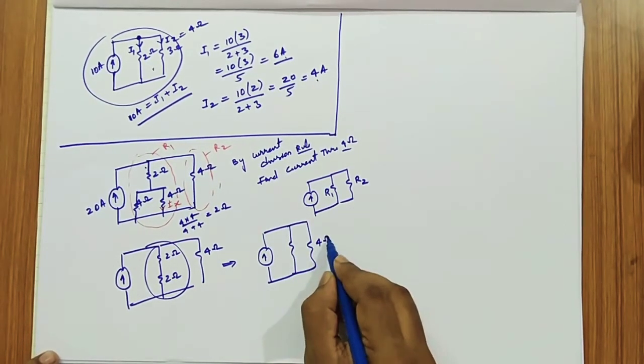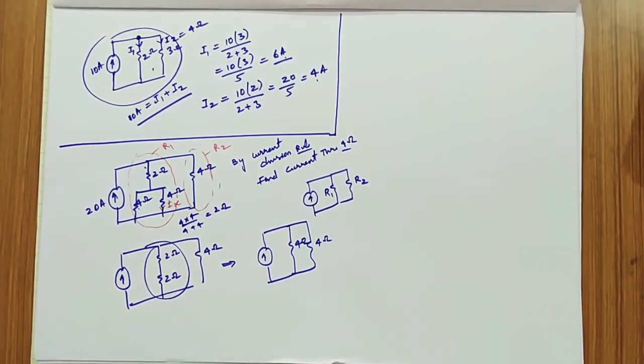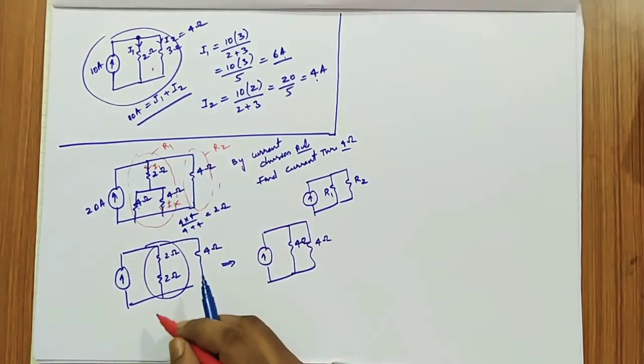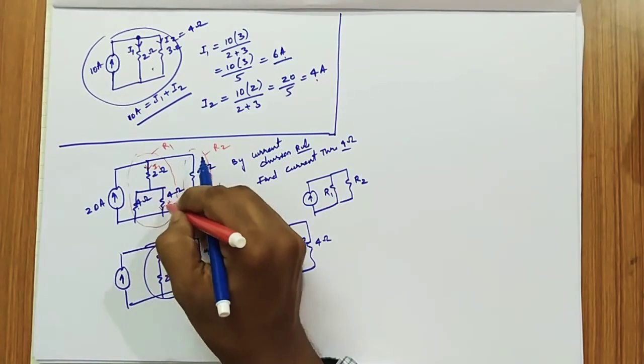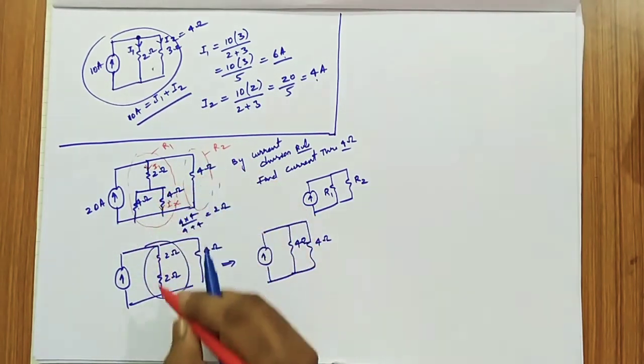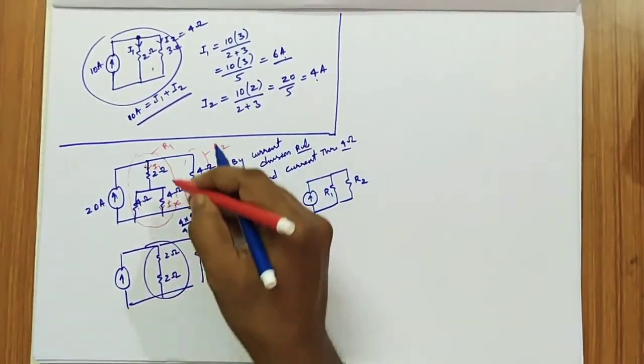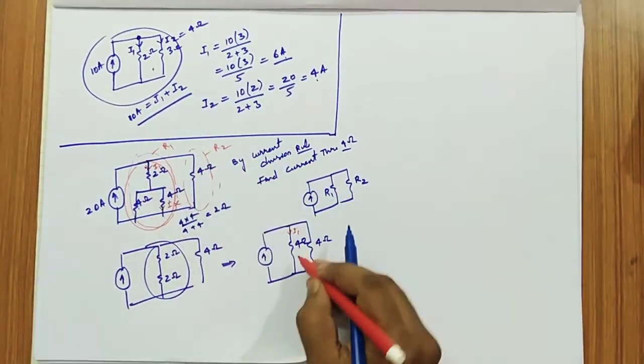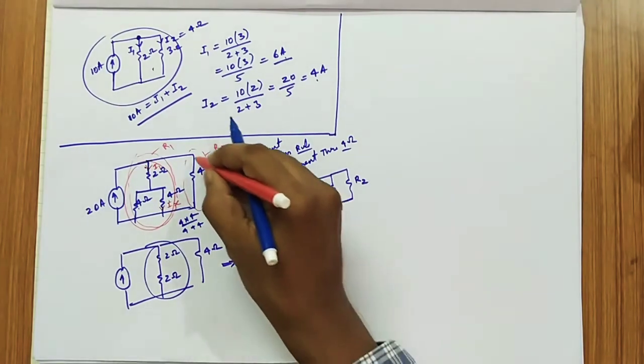This is 4 ohms and this is 4 ohms. If you know the value of current I1, this current I1 again will divide into Ix and some other current. So my aim is to find I1. So this entire branch is reduced to this thing. This thing is common.